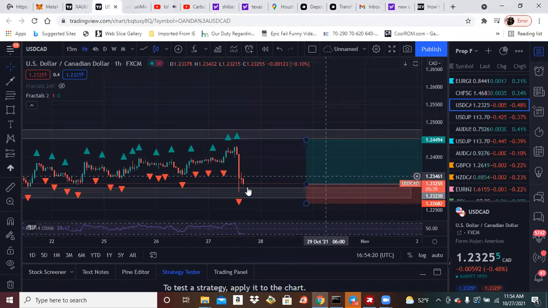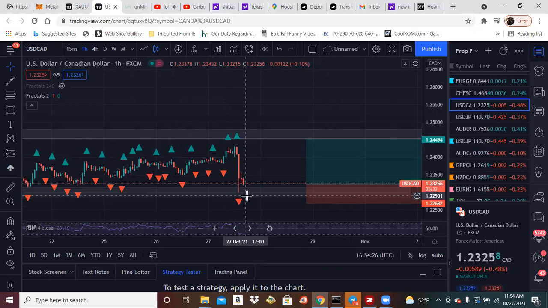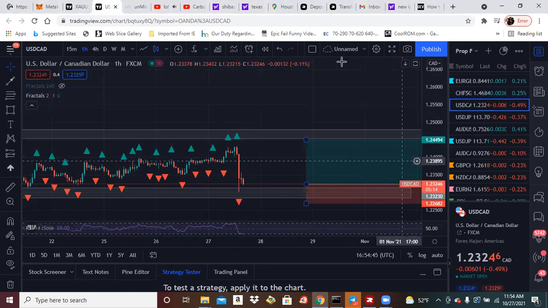So I feel like it's gonna go back up. It's probably gonna take a while. London session might push it down a little bit. Then next New York session will probably push this back up, because this is a New York pair. Canada and US, like this is a New York pair. So at night during London session, it moves, but it moves more during the US session. So we should be good on that.